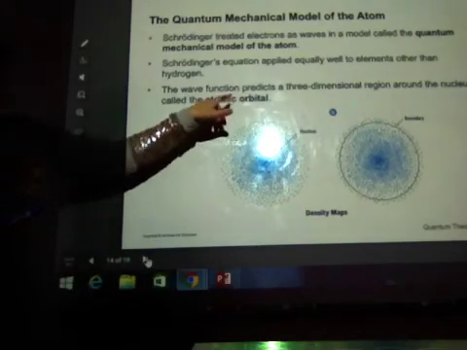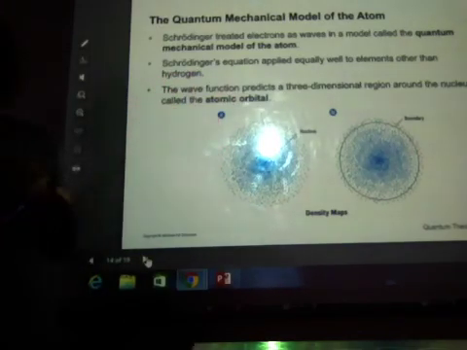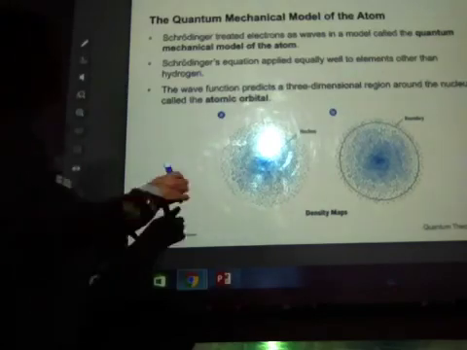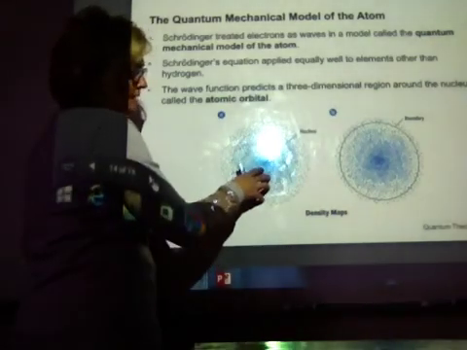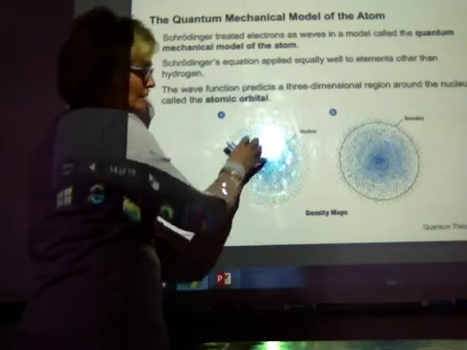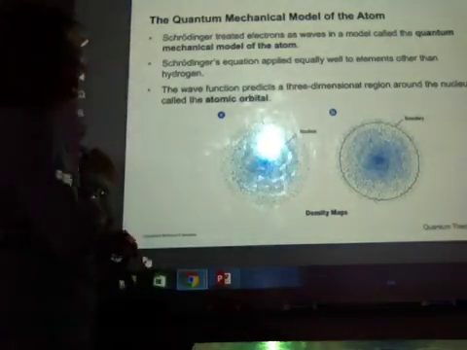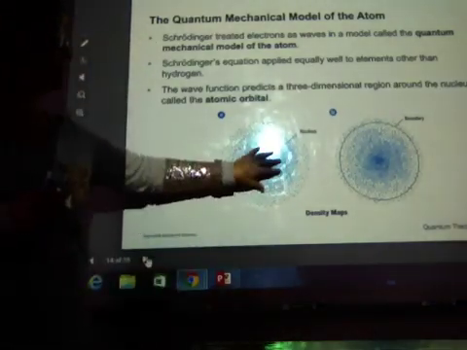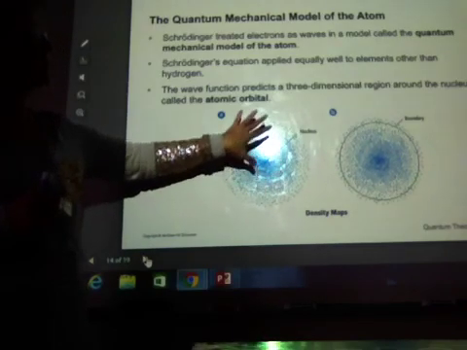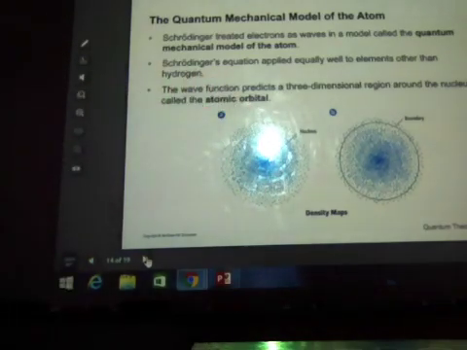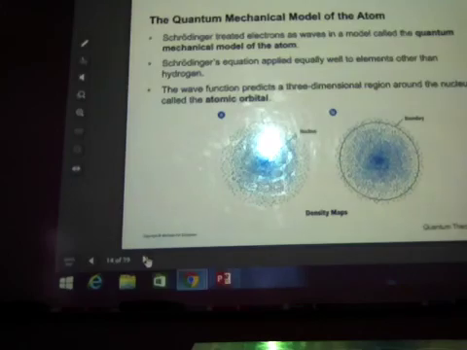And that orbital is where you're most likely to find the electrons. So this would be like a density map showing where you're most likely to find electrons. And you're going to find more of them closer to the nucleus and fewer of them further away from the nucleus.